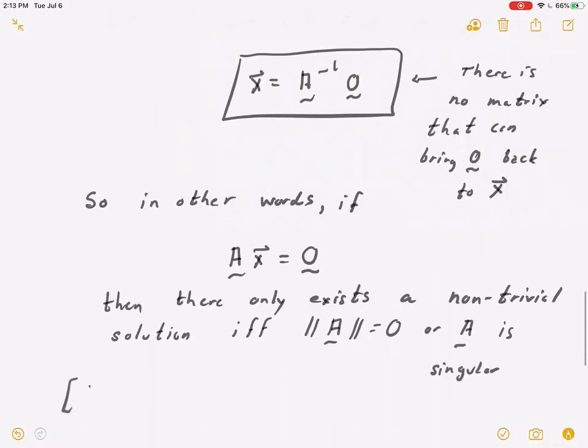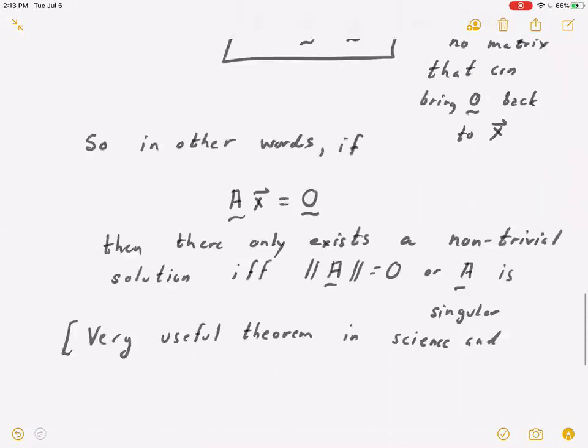You always have the trivial solution. And this is an extremely useful, I'll call it a theorem, that you use many, many times in science and engineering. Problem is sometimes in terms of applications, you just state it and run with it. But it's also important to see why it's true.